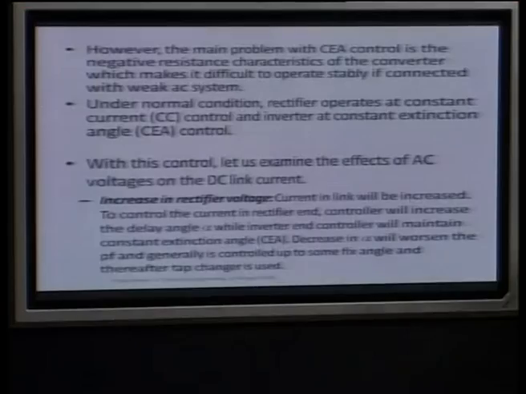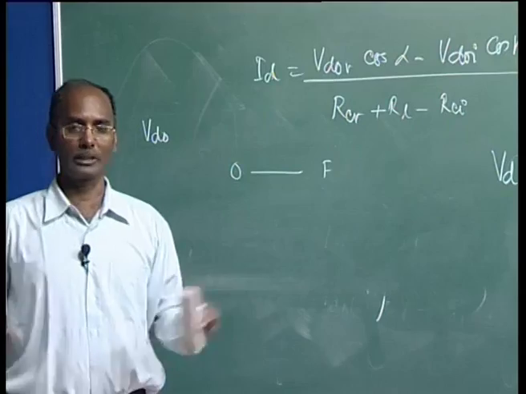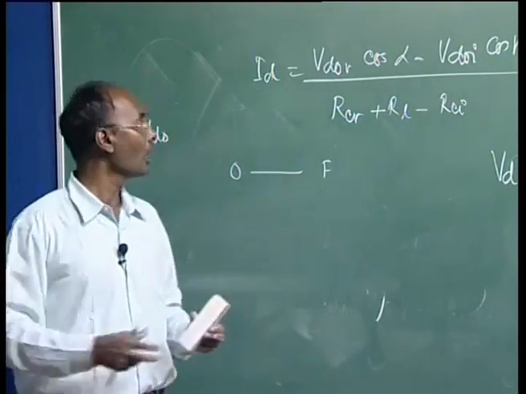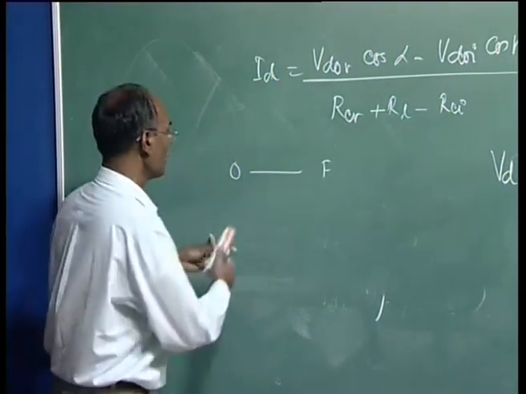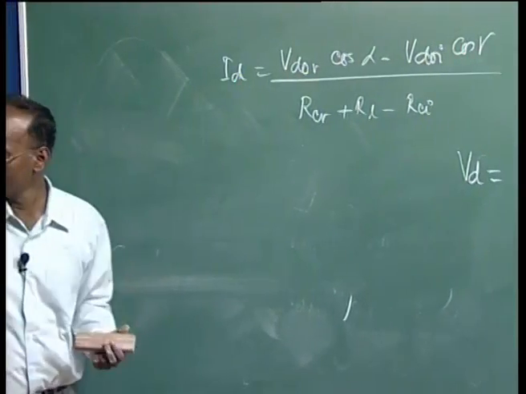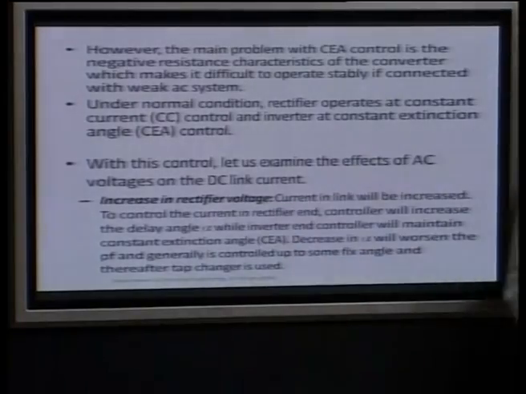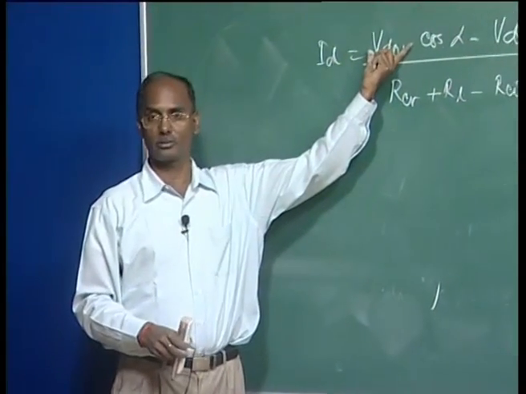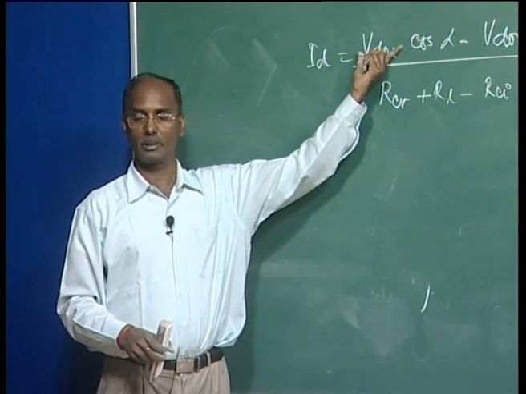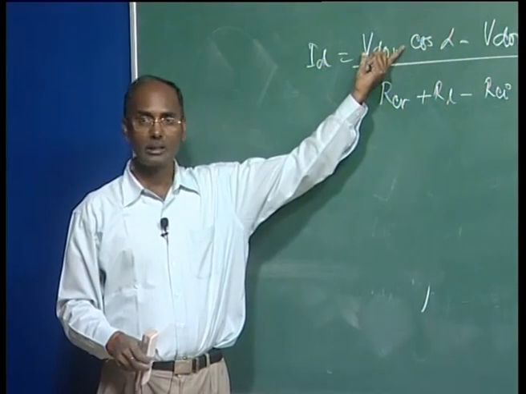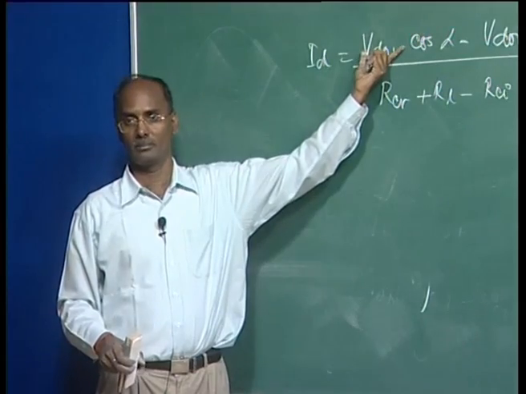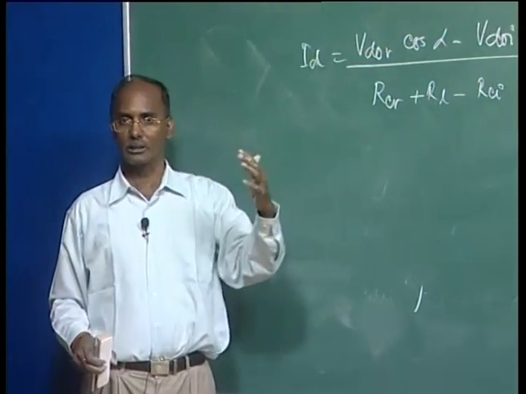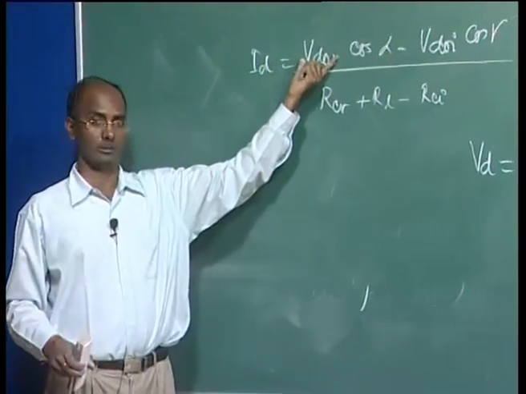Now let us see the AC side voltage impact. If there is a fault on the AC side, here and there, how is it going to vary? First I will take the case when the rectifier AC voltage is increasing. Rectifier AC voltage increase means this increase, because this has the rectifier AC side voltage, that is EM. If that voltage is changing, this value will change.